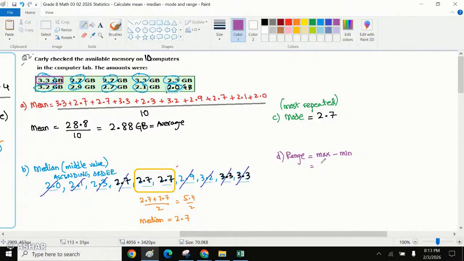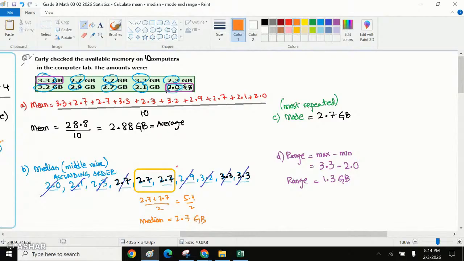Can we say the maximum value was 3.3 GB minus the minimum value we had, 2.0? So that means the range comes out to be 1.3 GB, right? We should write the units. Median is 2.7 GB, okay?